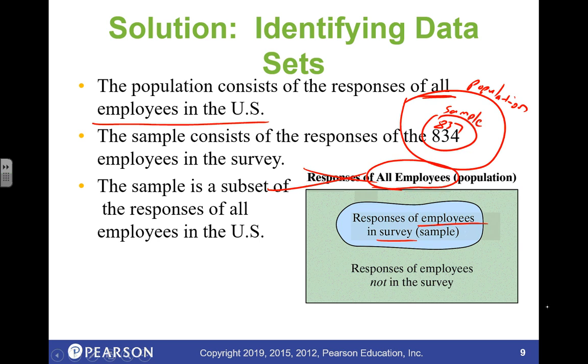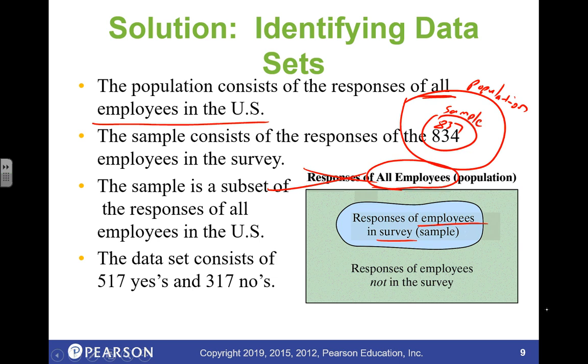And we want to consider the people to be the population and the sample. So the data are their answers. The yeses and the nos. 517 people said yes, their job was stressful. 317 people said no, their job was not stressful. So that's what we mean by data.